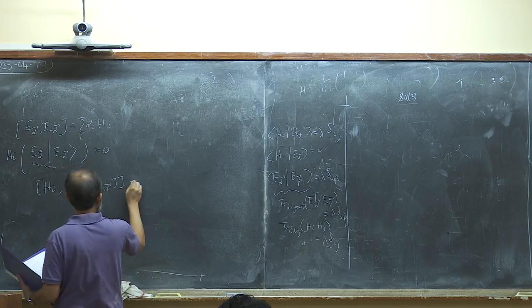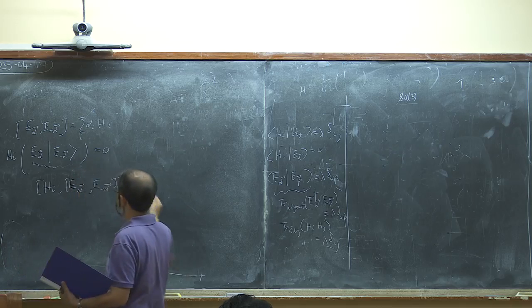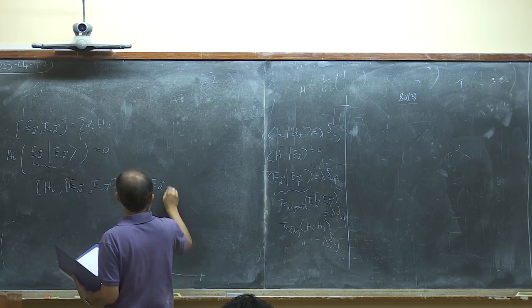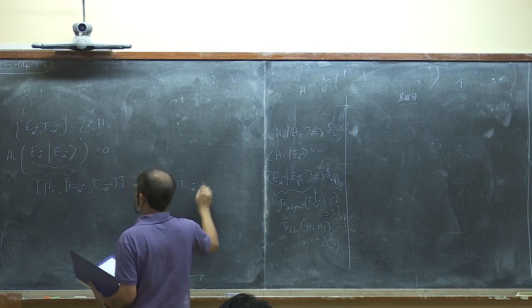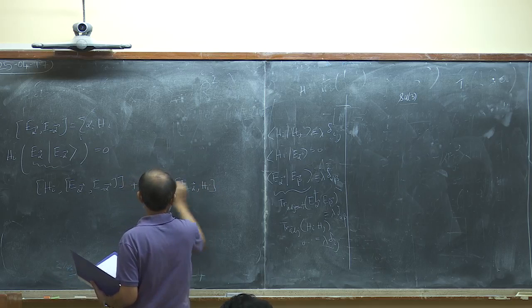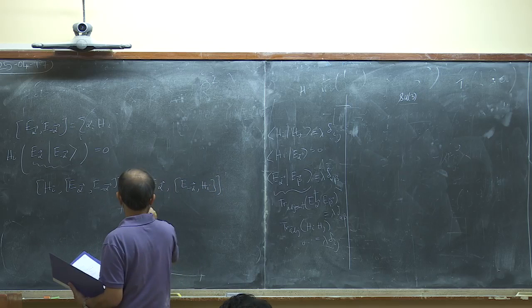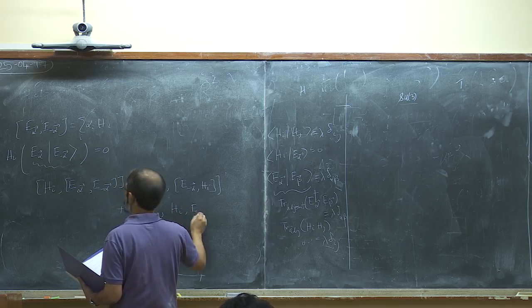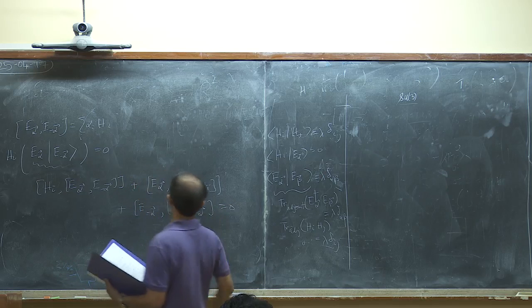So I know that this object plus the cyclic permutation of this, E alpha, E minus alpha, Hi, and then E minus alpha, Hi, E alpha, is equal to 0.